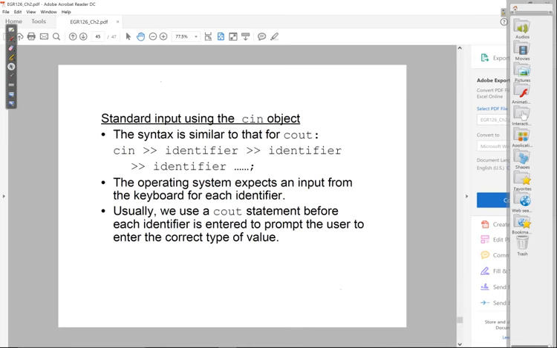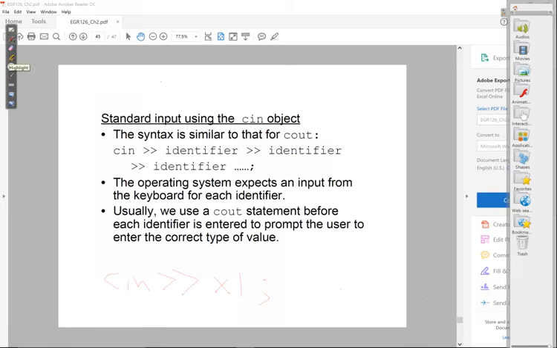So if you do cin greater than x1, what that means is you're expecting the value for x1 to be typed in at the keyboard. So how are you going to get this to work in this program?